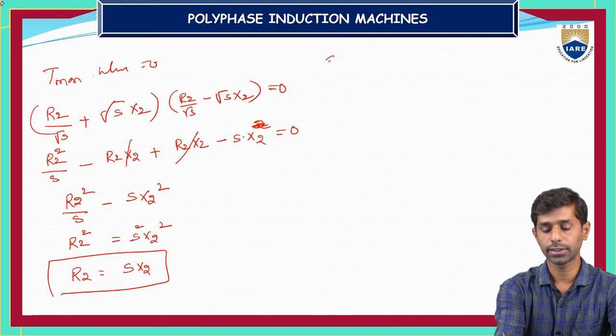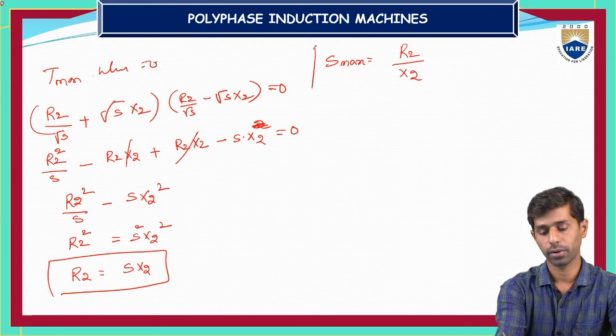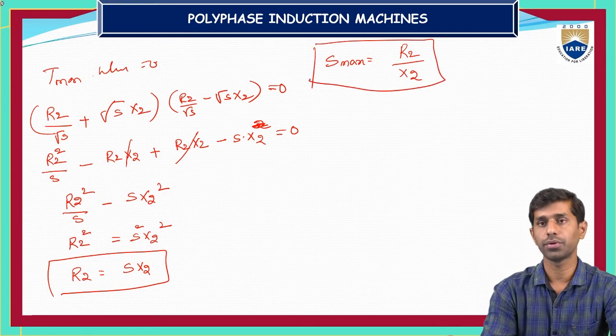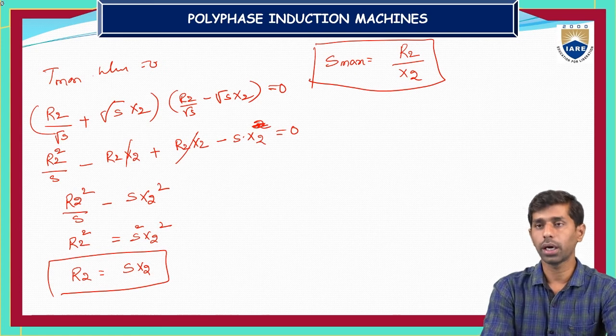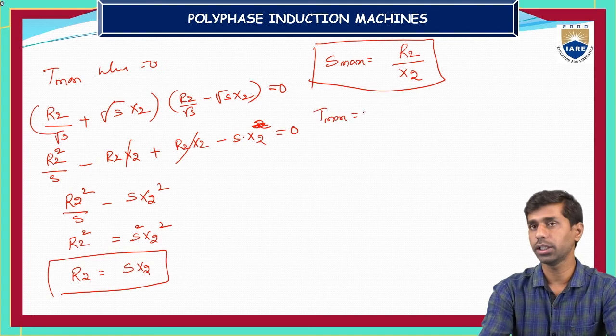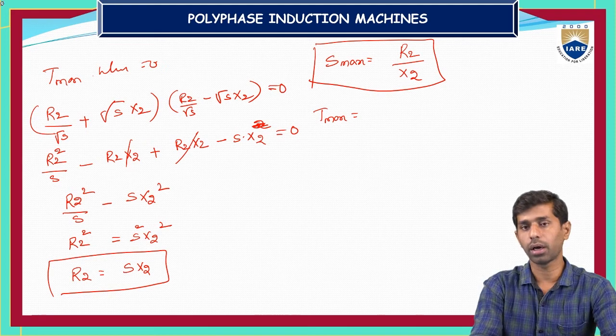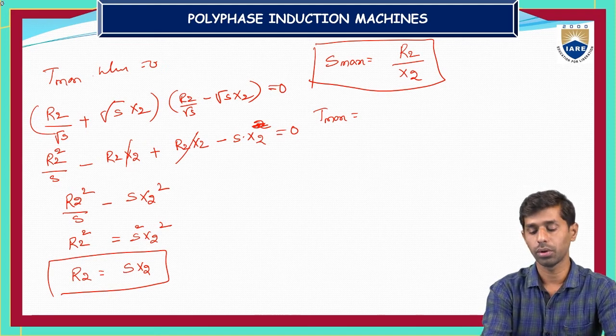The slip corresponding to the maximum torque is S maximum equal to R2 by X2. Simply substitute this value in the torque expression and we get the T maximum expression. T becomes T maximum when slip maximum equals R2 by X2, or when R2 equals S times X2.